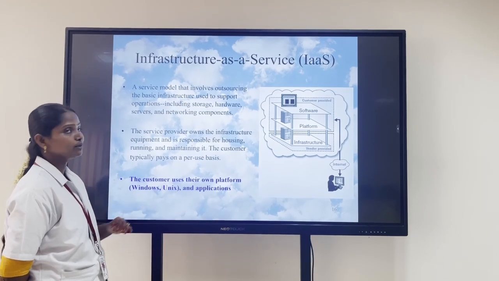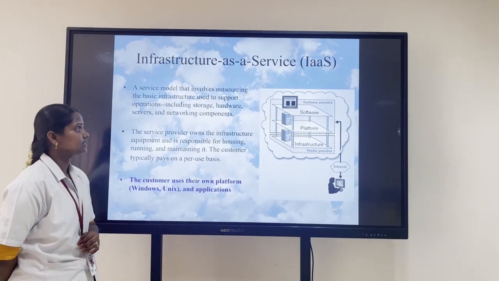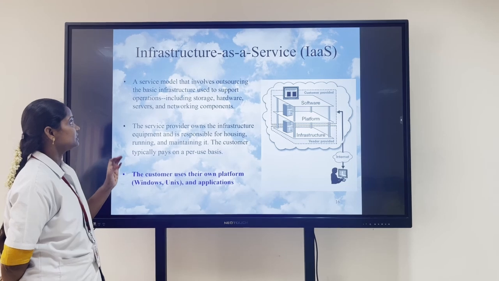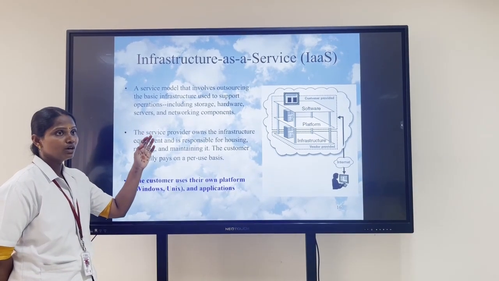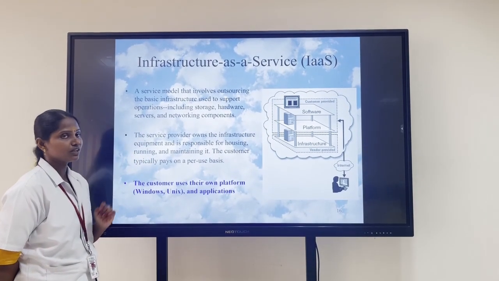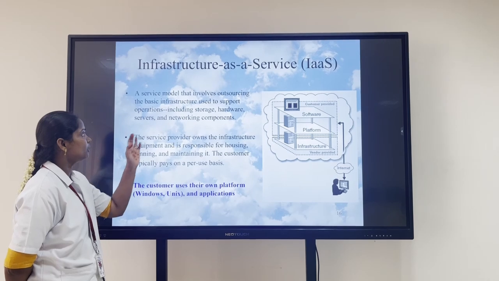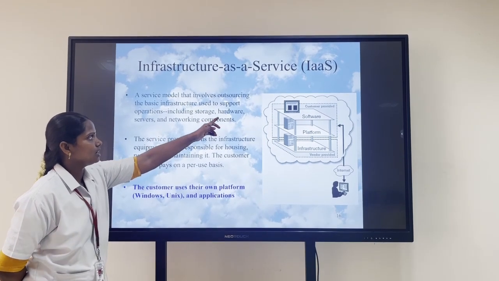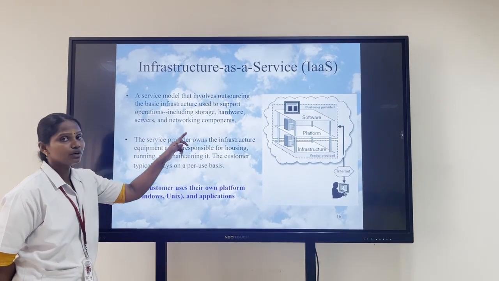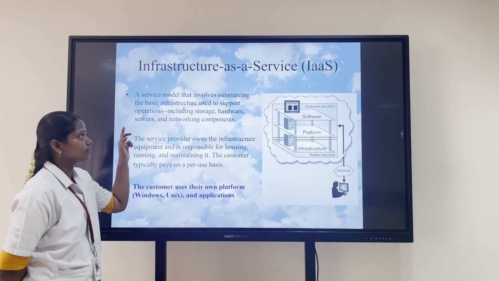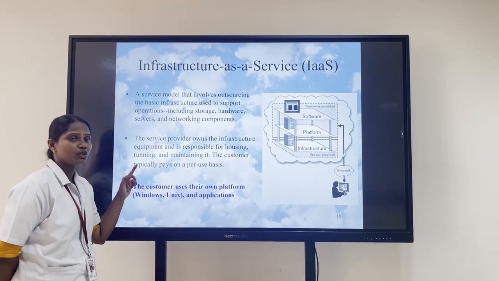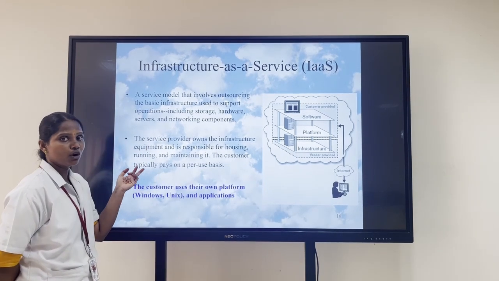Now we are going to see Infrastructure as a Service. The IaaS model involves outsourcing the basic infrastructure used to support operations, including storage, hardware, servers and networking components. These are the infrastructures they give to particular organizations through the cloud platforms.